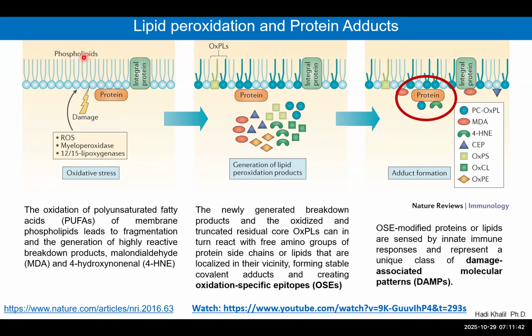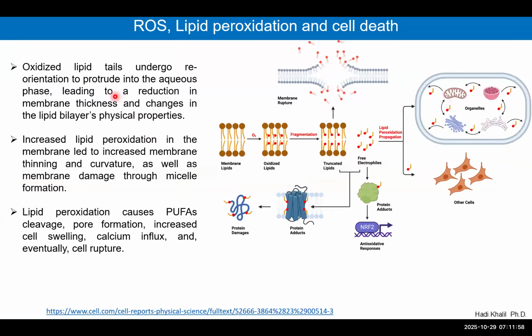Now if you look at these phospholipids, you have an oxidative process that happened on those, and these are peroxidized. On that membrane, you have a protein that is embedded within the membrane.